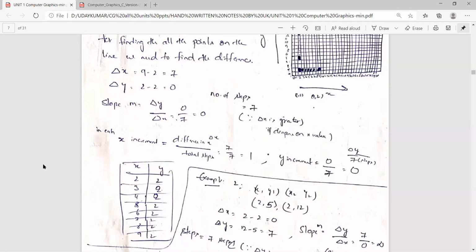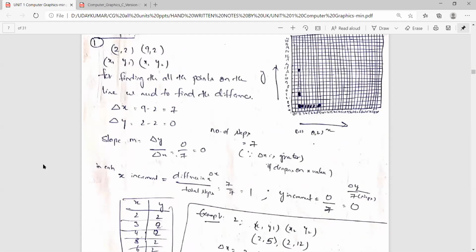So what is the initial point here? 2, 2. See this table. We got this table starting at 2, 2. Each time the x value is incremented by 1, 2 becomes 3, and each time the y value is incremented by 0, so 2 remains the same. Similarly, 3 becomes 4, 4 becomes 5, 5 becomes 6, 6 becomes 7, 7 becomes 8, 8 becomes 9.